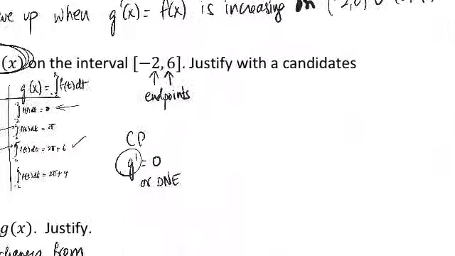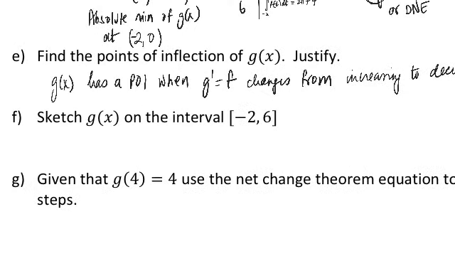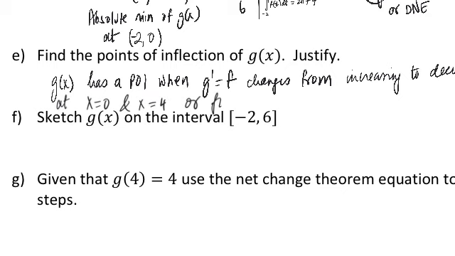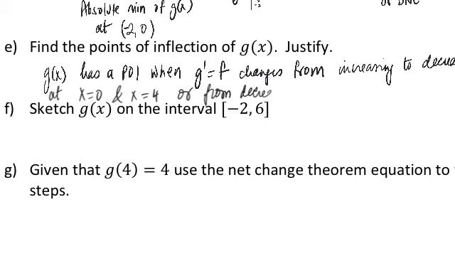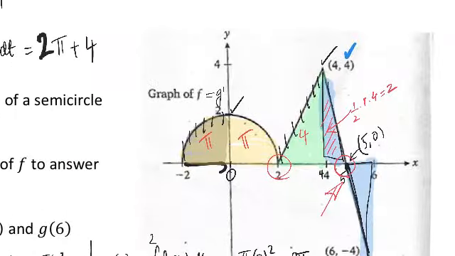So we can write it this way: increasing to decreasing at X is equal to 0 and X is equal to 4, or from decreasing to increasing at X is equal to 2, right?